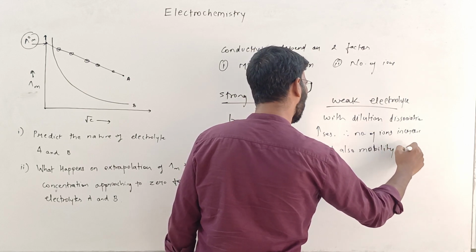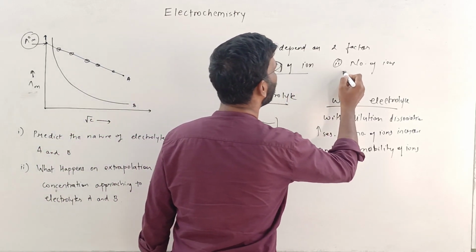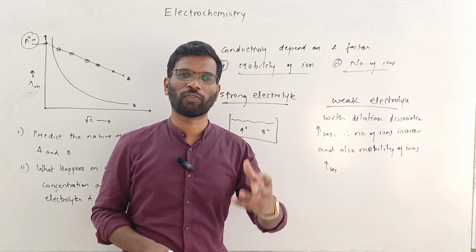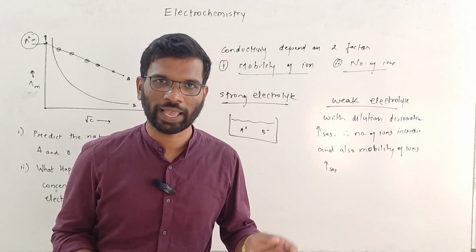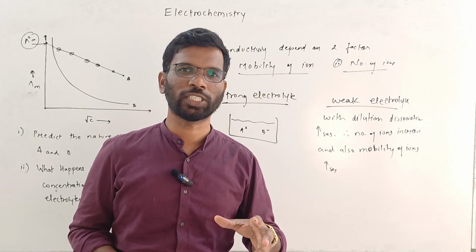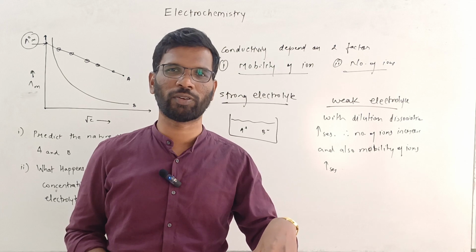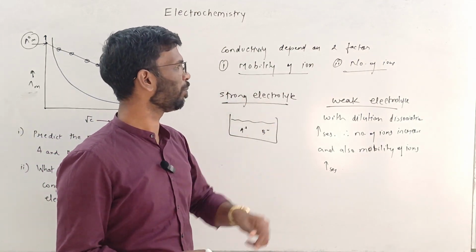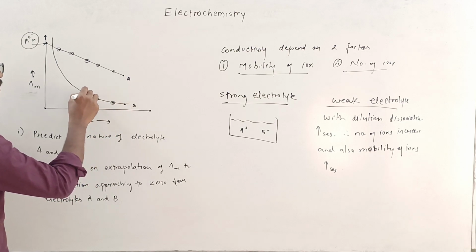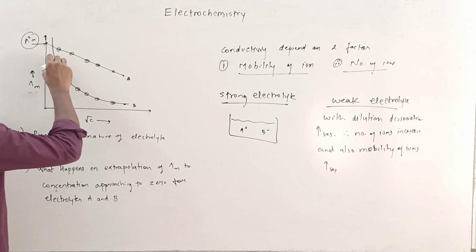Here both factors, mobility as well as number of ions, increase for the weak electrolyte, because at higher concentration the weak electrolyte is not completely dissociated; the dissociation is not maximum, very less. As we put more and more water into it, dissociation increases. So both parameters are increasing. So what will happen as the dilution goes on? This will be the curve, it is going to increase, and they are never going to meet.